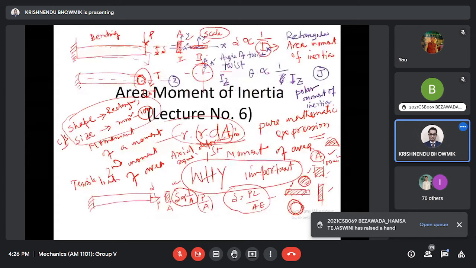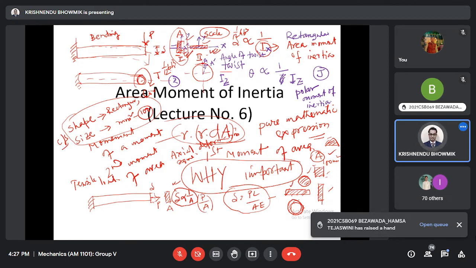In this case, you consider this 1 by 12 b h cube, and this one is 1 by 12 h b cube. You see this b is small, h is high. That's why this I is much higher than this.